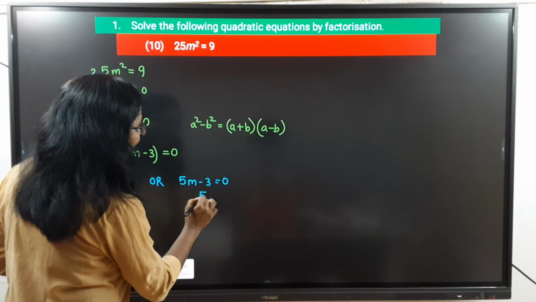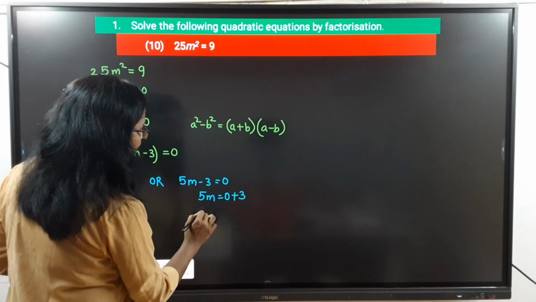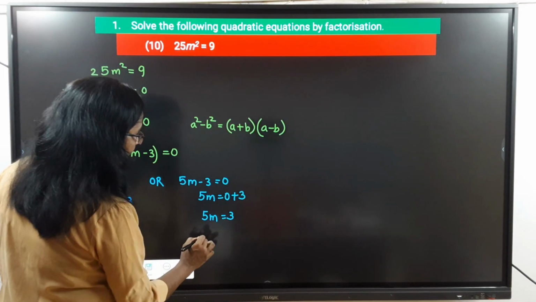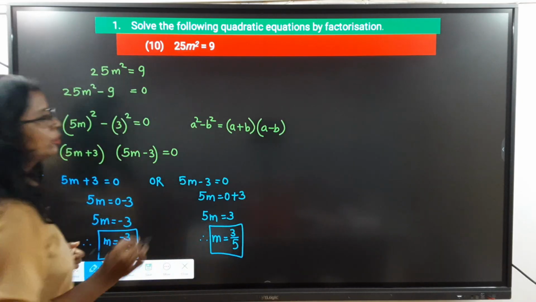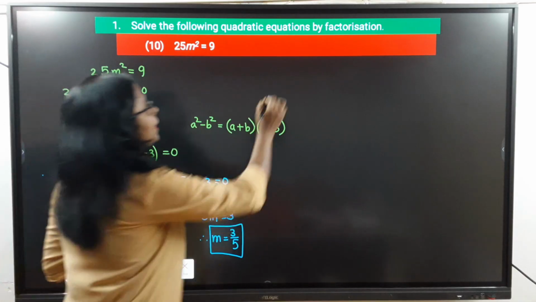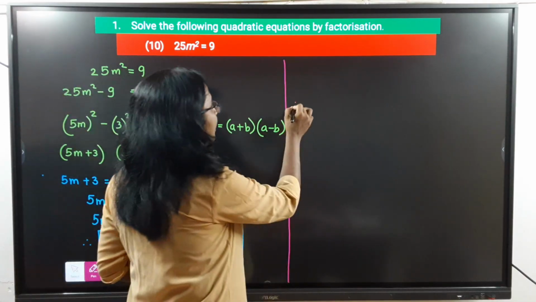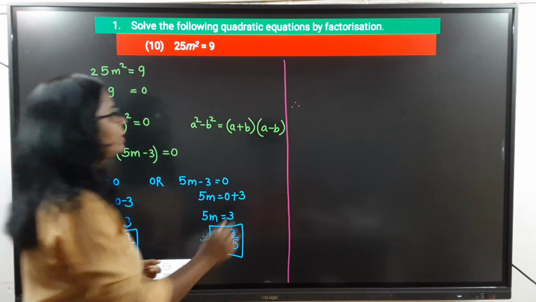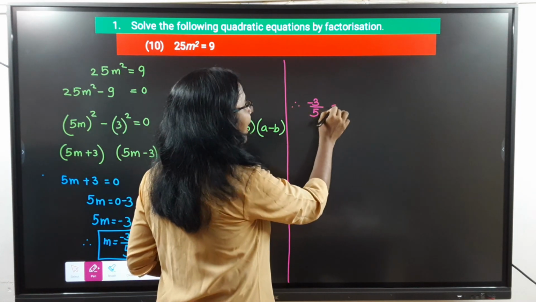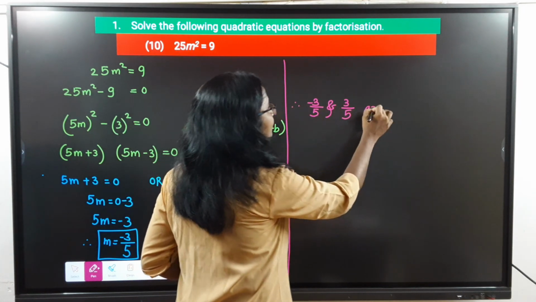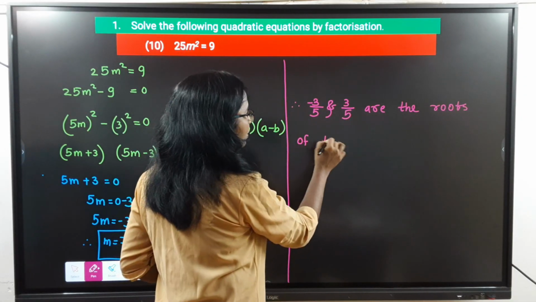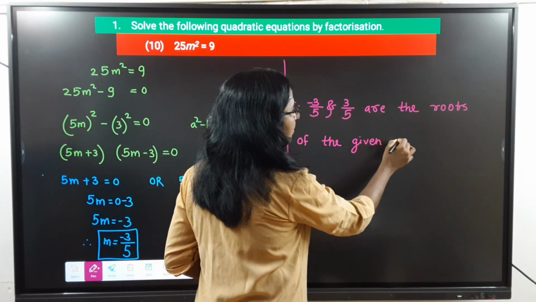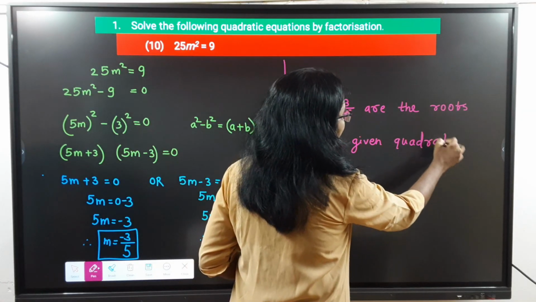And here, students, 5n is equal to 0 plus 3, 5n is equal to 3, therefore n is equal to 3 upon 5. So finally we can write the solution: minus 3 upon 5 and 3 upon 5 are the roots of the given quadratic equation.